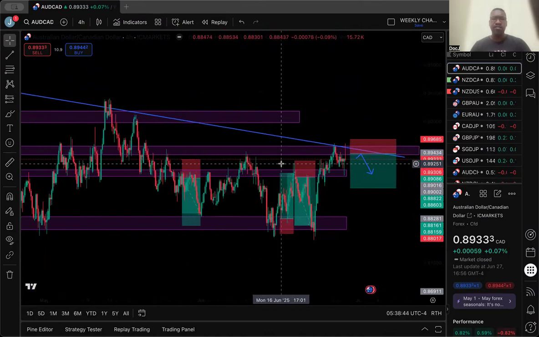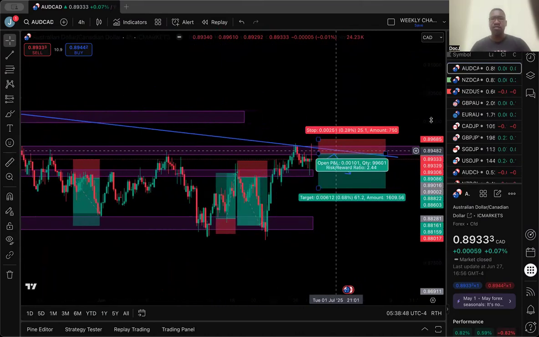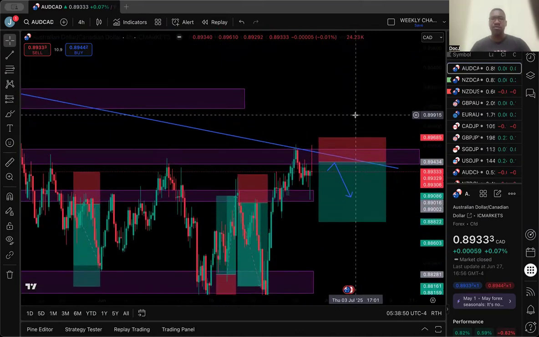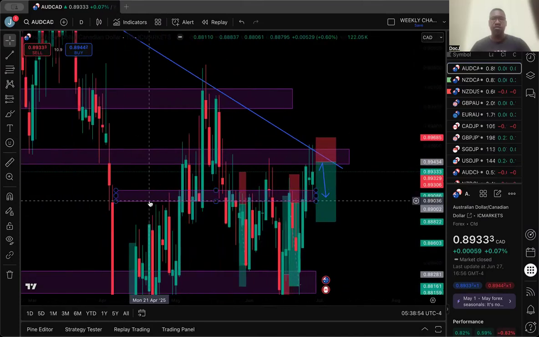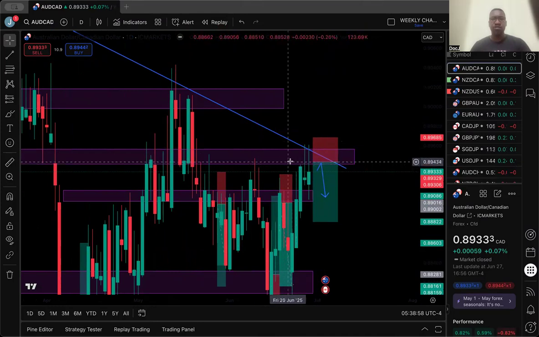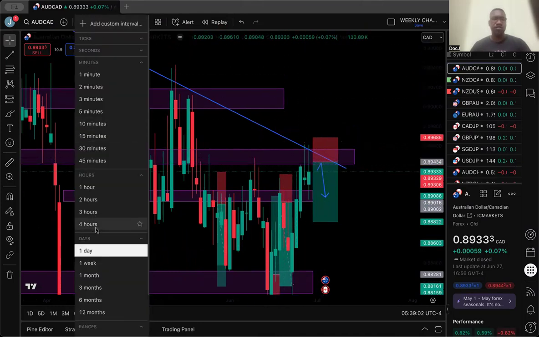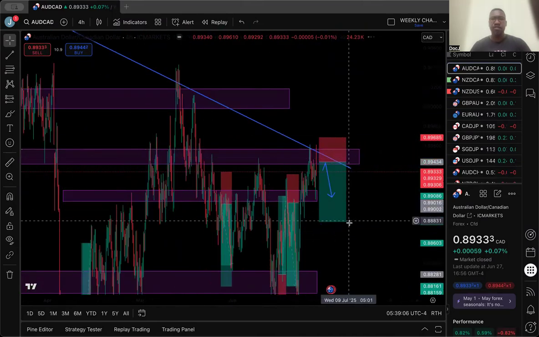So that's a good indication that price wants to sell down. That's exactly what I expect to happen because we have an area of confluence. We have our trend line with our resistance level, and we have signs of rejections within that area. 1, 2. So I expect a sell.